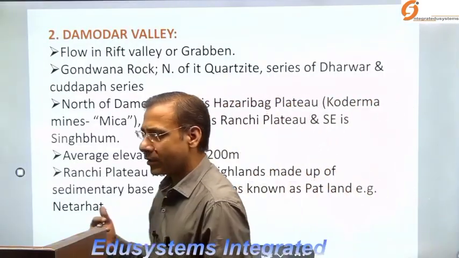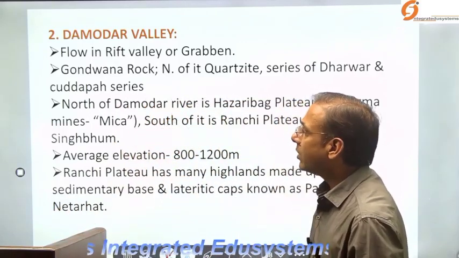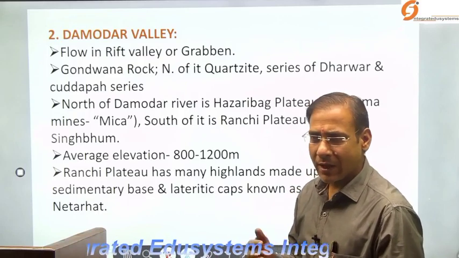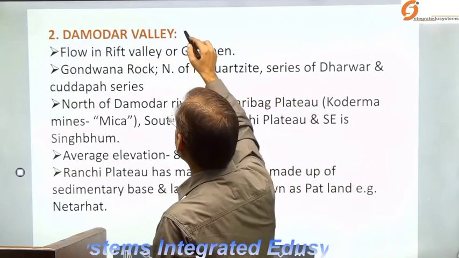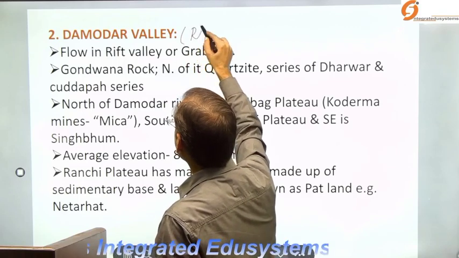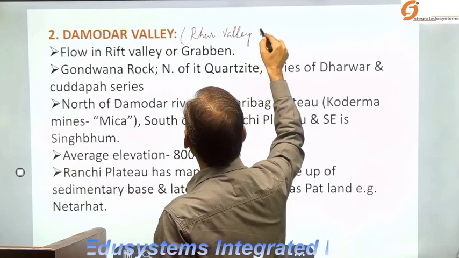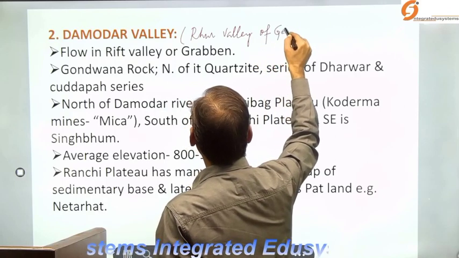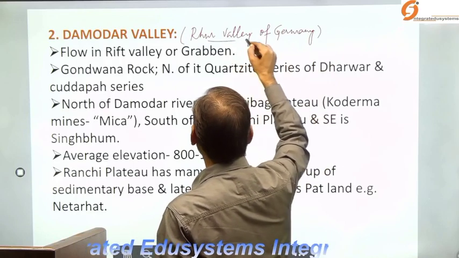ऑफ द छोटानागपुर प्लेटू, दामोदर वैली, the very important valley of this region because this valley is compared with the Ruhr region, Ruhr Valley of Germany. Okay, the geographer compares this region with the Ruhr Valley of Germany.